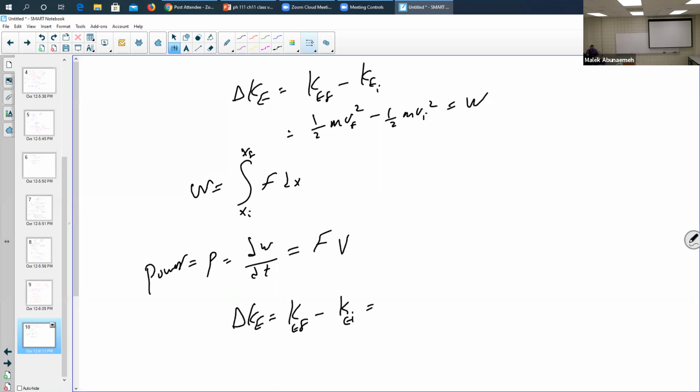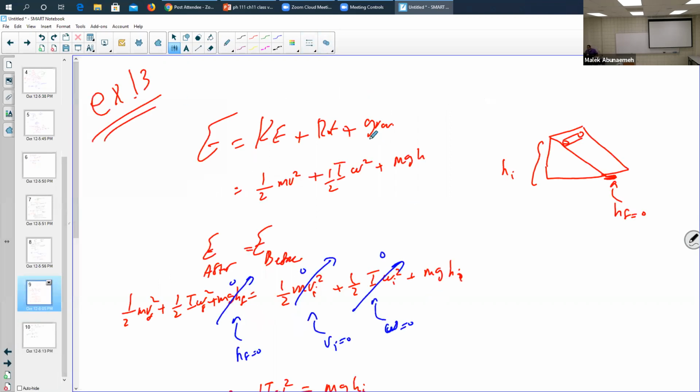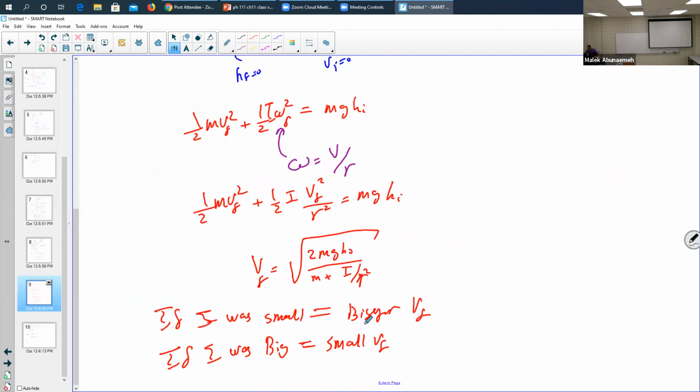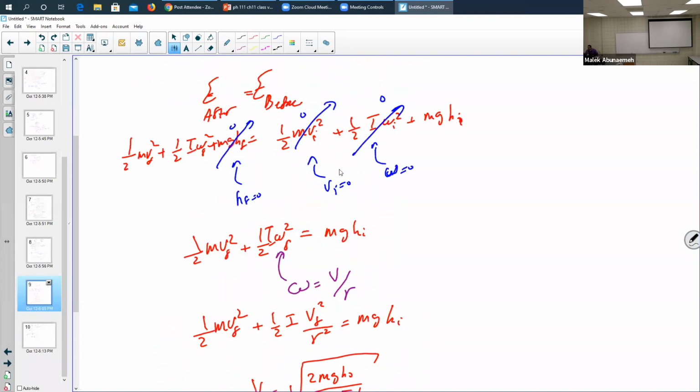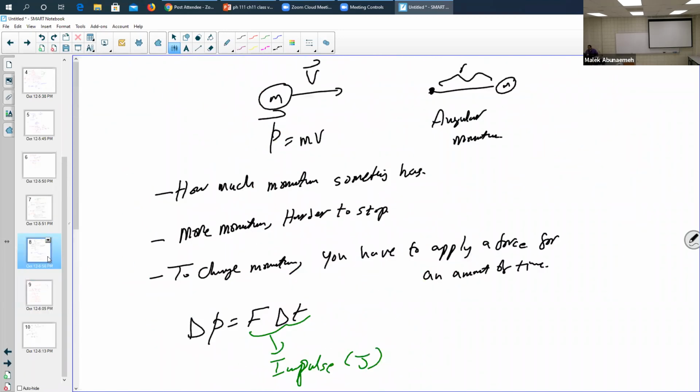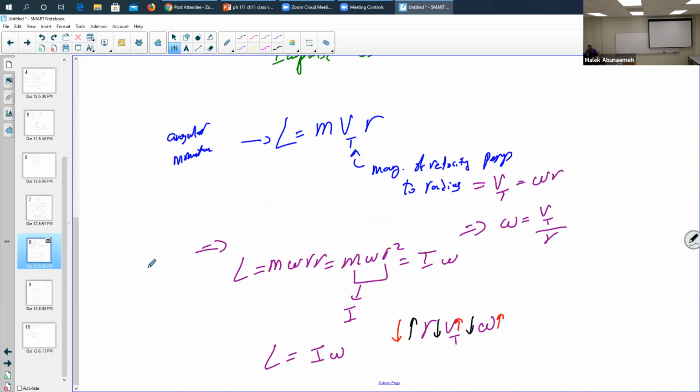When you talk about rotation, that's what we just did earlier, right? We substituted the tangential velocity with I omega.